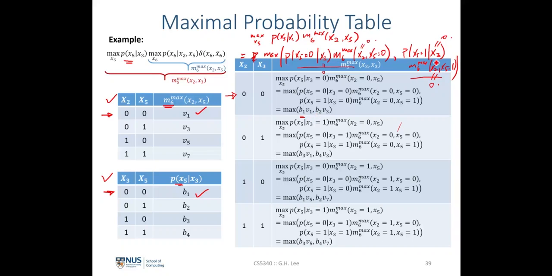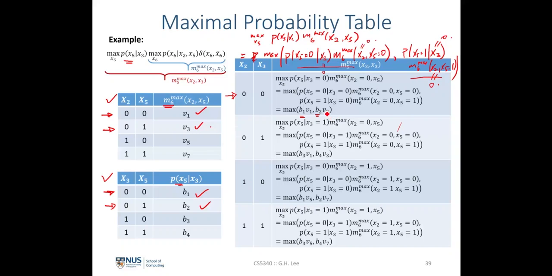And the second entry over here would be at the state where x3 equals 0 and x5 equals 1. And that would be this term over here, which is given by b2. So we'll put b2 here, and then multiply this by the message of m6 at the state where x2 equals 0 and x5 equals 1, and that would be simply v3.